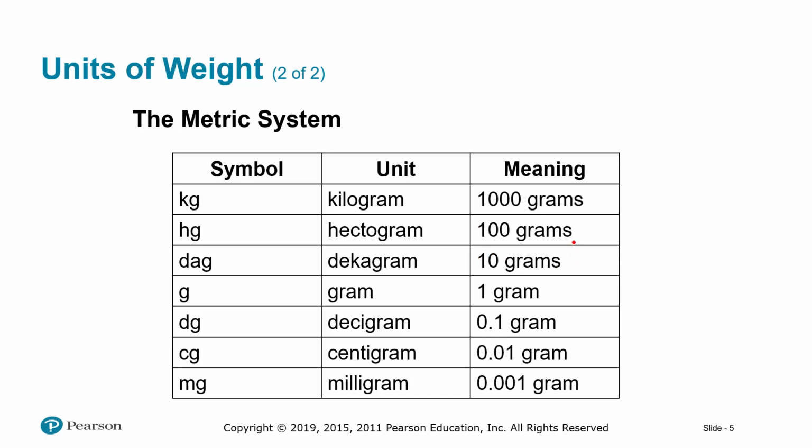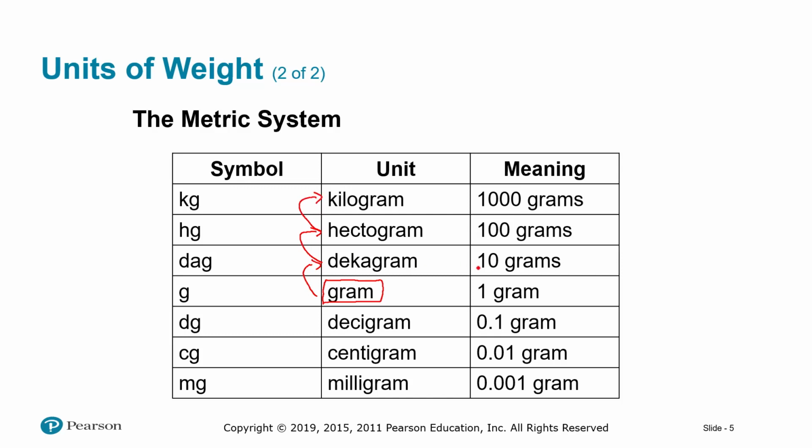So here again are the prefixes for the weights, the same as we had before. The only thing that's different is the actual unit that we're working with. Going up this way, these units are bigger by multiples of 10 times 10 times 10.